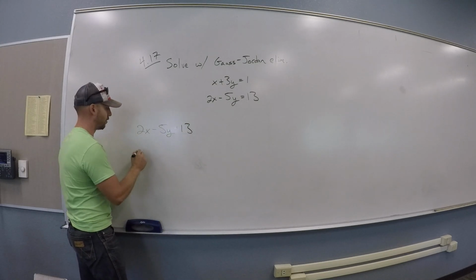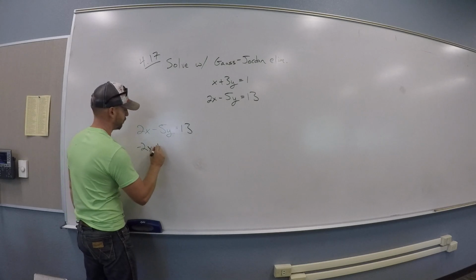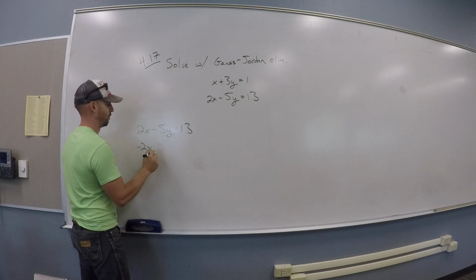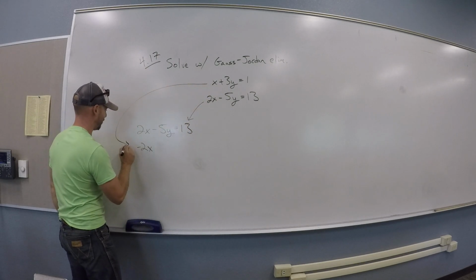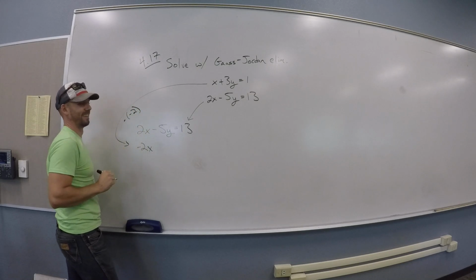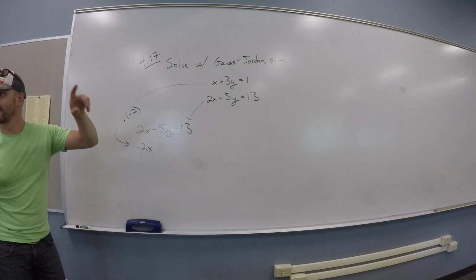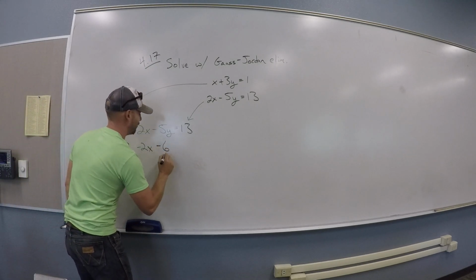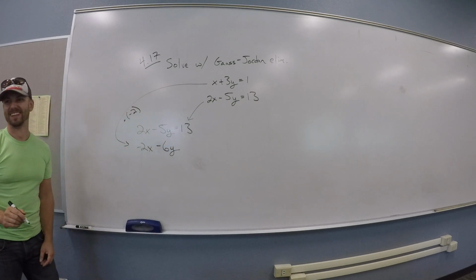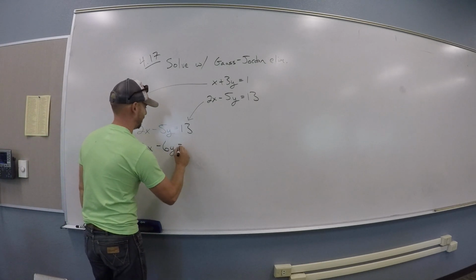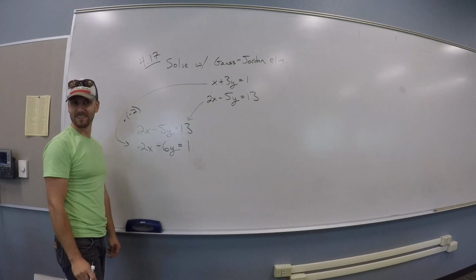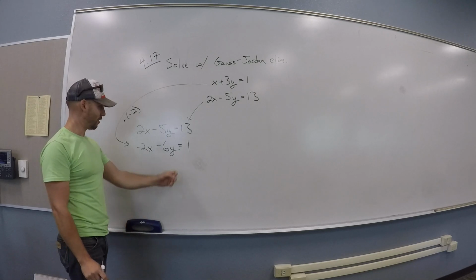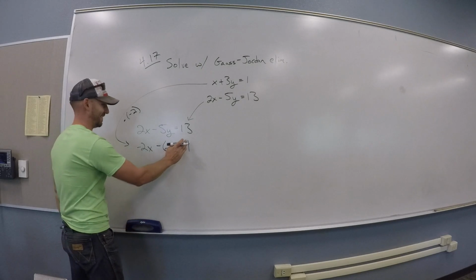And then the second row times -2 is minus 2x, minus 6y, equals... wait, it's not there. Oh my god. You don't multiply with it. No, this is wrong. It's 2. Yeah, that's what I was, okay.